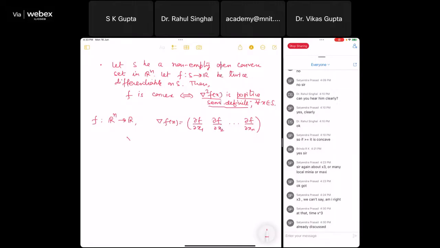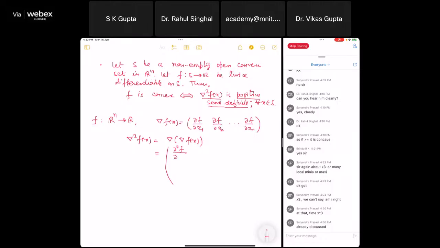Now, when you take the gradient of the gradient of f, that gives you a matrix which we call the Hessian matrix.